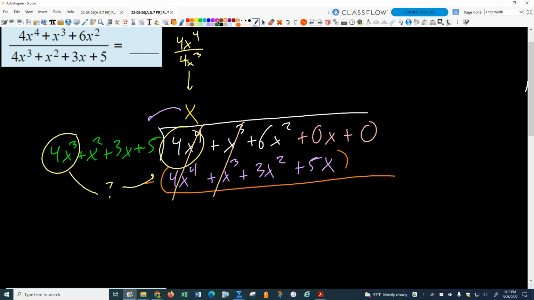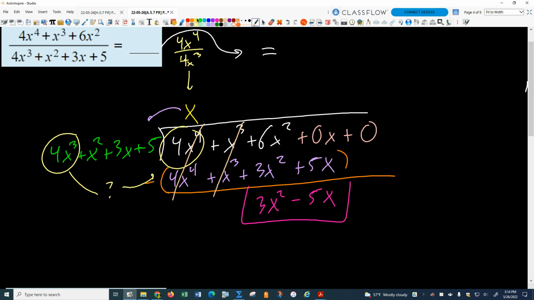So then look what happens here. I get 6x squared minus 3x squared is 3x squared. And again, that's smaller than x cubed. It's a smaller degree than x cubed, so we're in the remainder now. 0 minus 5x is minus 5x, and then 0 minus 0 is just 0, which I don't have to write. So there's my remainder, okay? So now you guys tell me, what's the answer?